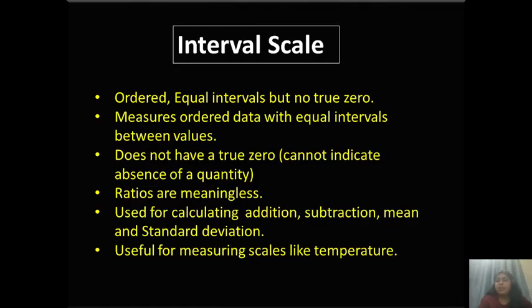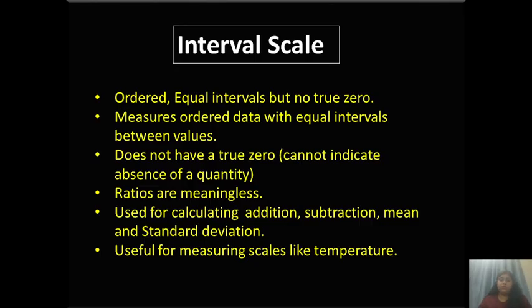Well, it indicates that the temperature is 0 degrees Celsius. True zero is only considered when zero means absence of quantity. For example, weight. If weight is zero, then it means that there is no weight. But 0 degrees Celsius doesn't mean that there is no temperature. So that's why interval scale has equal intervals, is ordered, but there is no true zero.